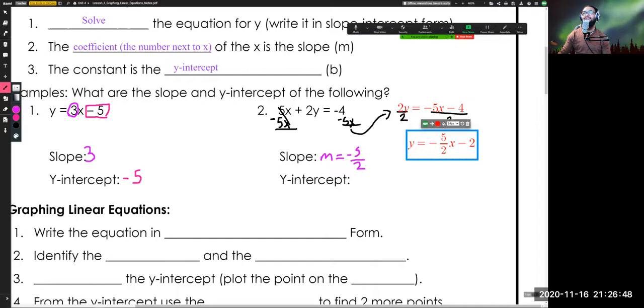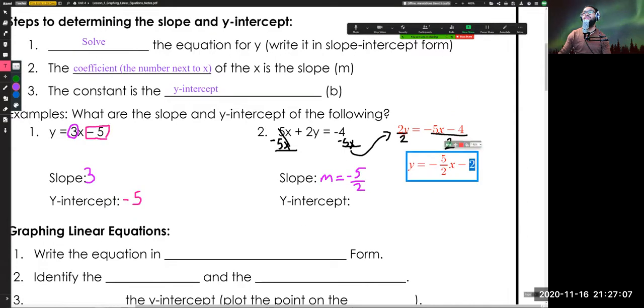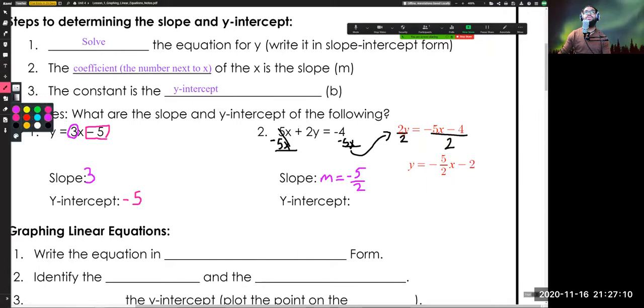And we don't write that x with it. That x is not part of our answer. It's just going to be a negative 5 over 2. If I could reduce this, then I would, but I can't in this case. And then our y-intercept, the constant, is the y-intercept, which is our b in our slope-intercept form. You see the placement here is the same as the placement here. That's going to be negative 2.